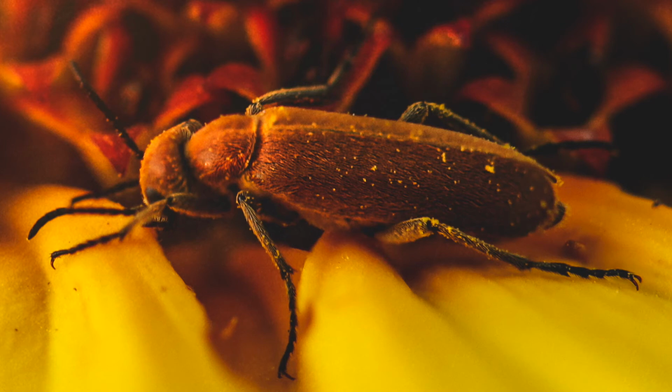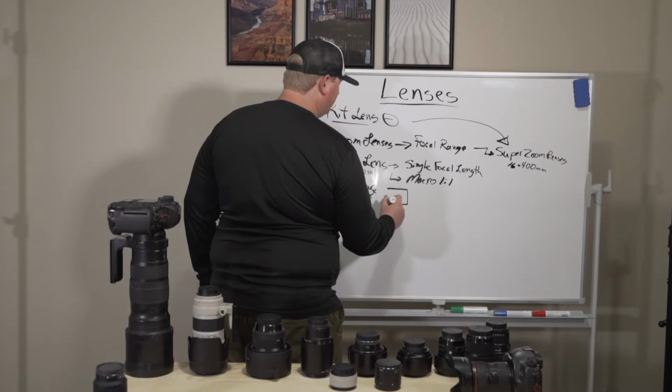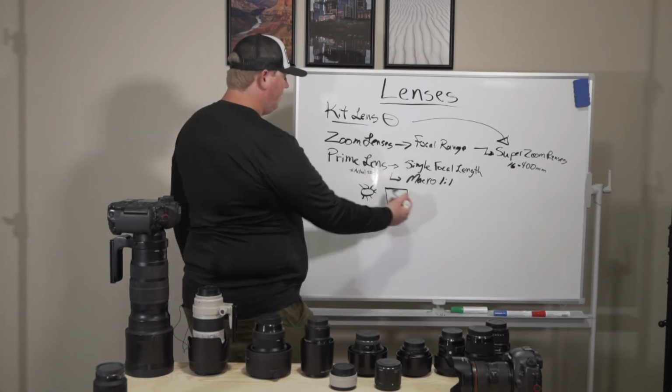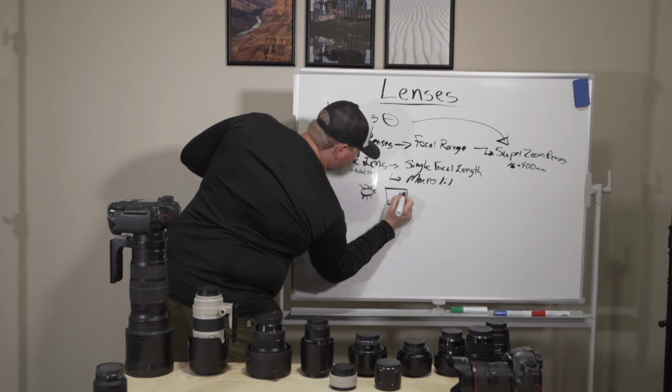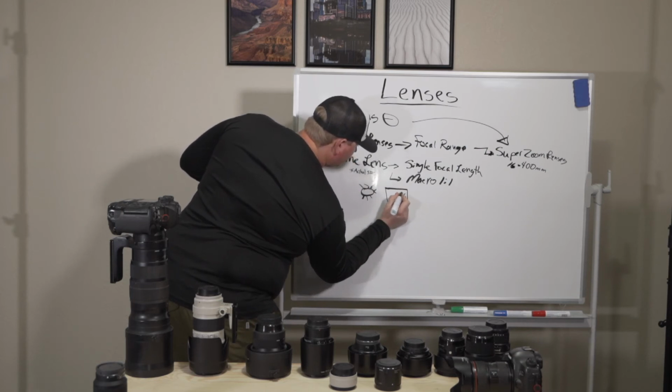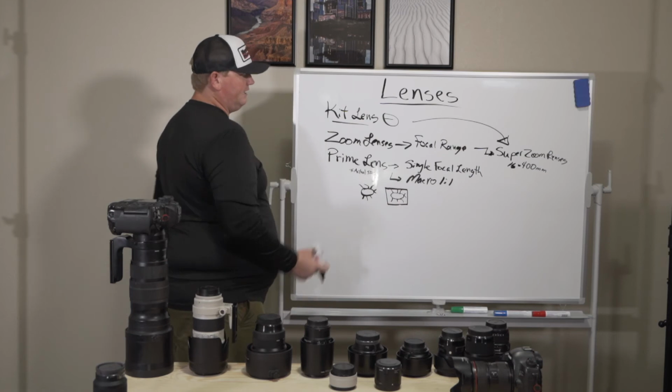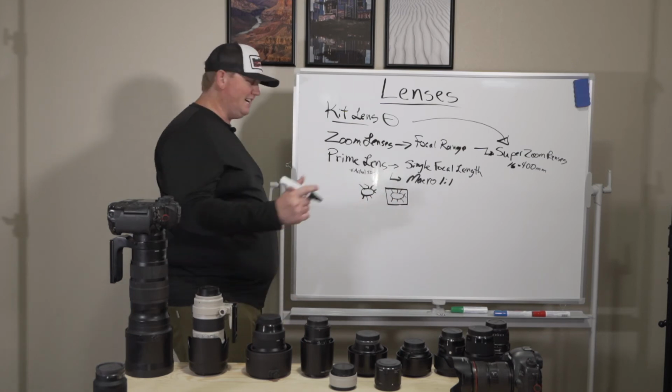And then we take a picture of this bug, and this is our sensor, the camera sensor inside of the camera body. It makes this bug look exactly the same size, actual size.